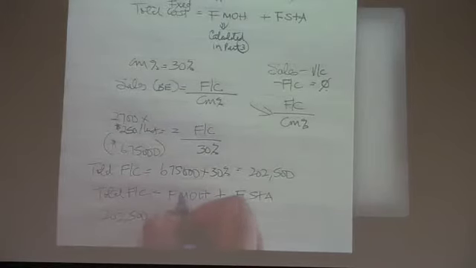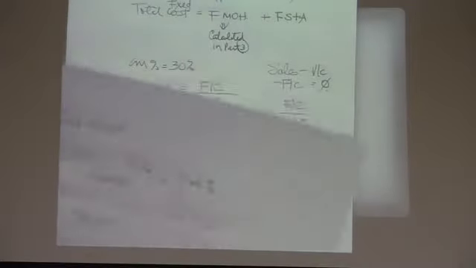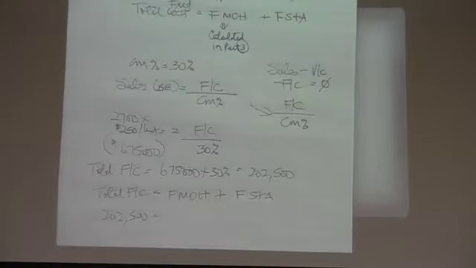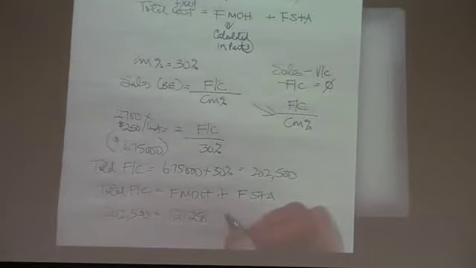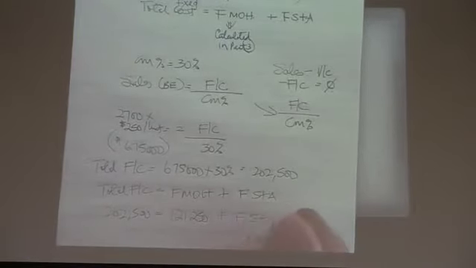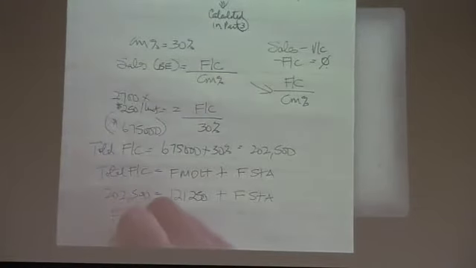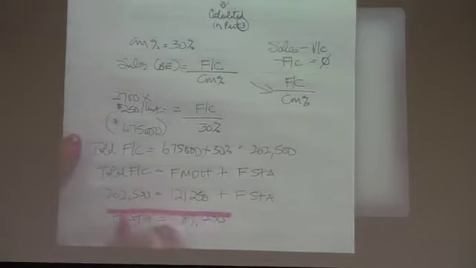Fixed MOH, we calculated in part 3, if you recall, was 121,250. Plus FS&A, which is the unknown. So fixed selling and admin equals 81,250. Okay? So let me just highlight that. That was the unknown.